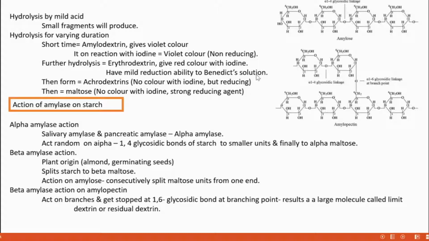If we pour Benedict solution to that starch solution mixed with iodine, it will reduce. Reduce means it only mildly reduces. That means a few free aldose and ketose groups are available there.